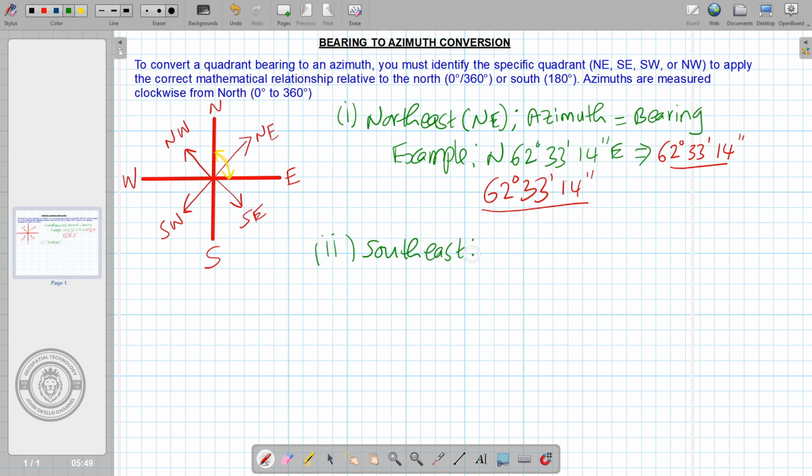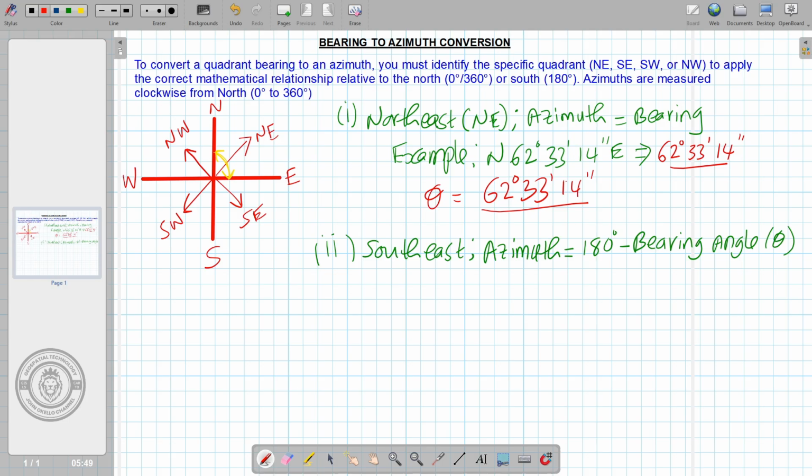For southeast, the azimuth is equivalent to 180 degrees minus the bearing angle, theta. So here you can also say theta.